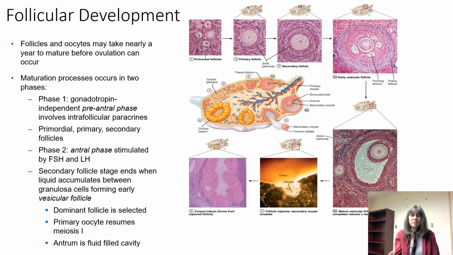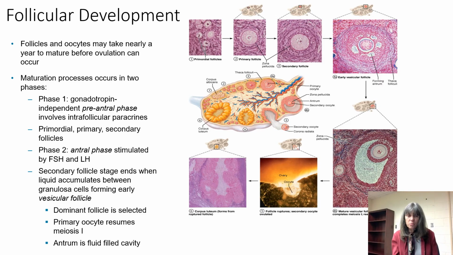So the secondary follicle stage ends when liquid accumulates between the granulosa cells, forming that early vesicular follicle, and it's in that tertiary stage where we've got those approximately 20 follicles that are developing.